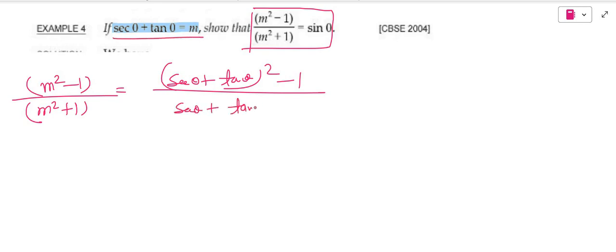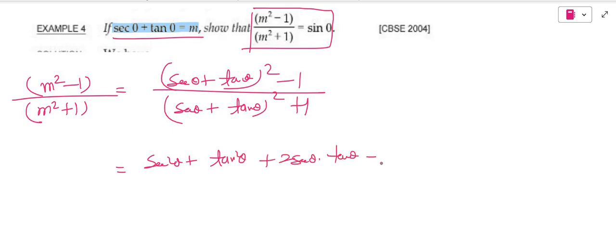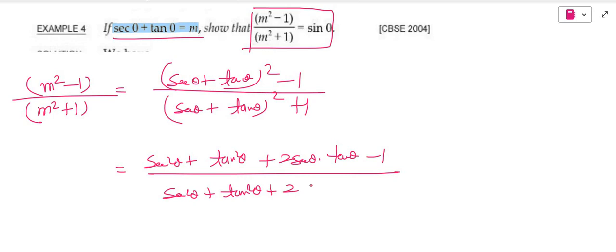Sec theta plus tan theta square plus 1. So what will you get? Sec square plus tan square plus 2 sec theta tan theta minus 1, by what will you get? Sec square plus tan square plus 2 sec theta tan theta plus 1. Correct?